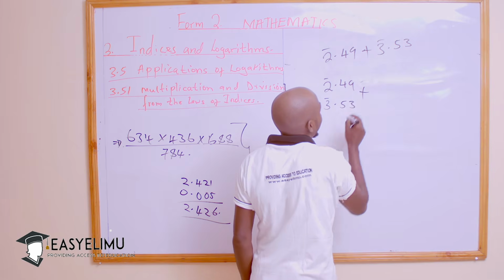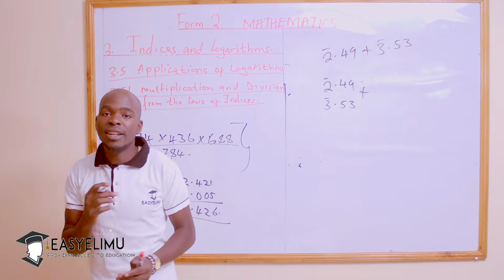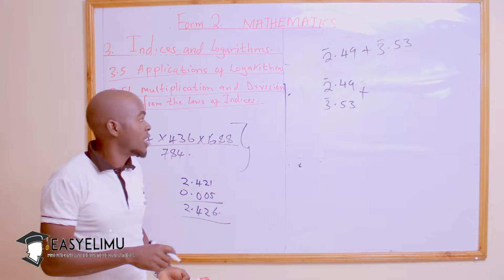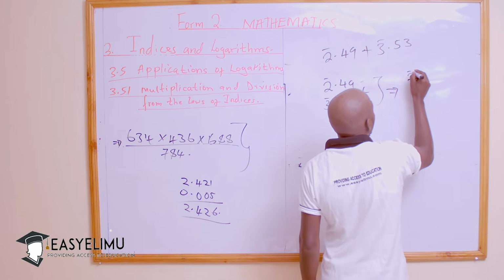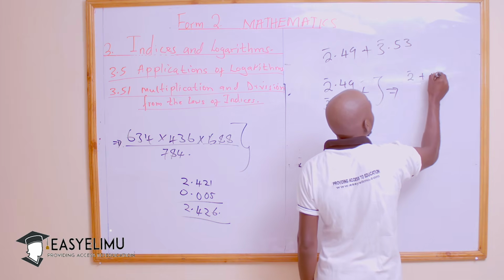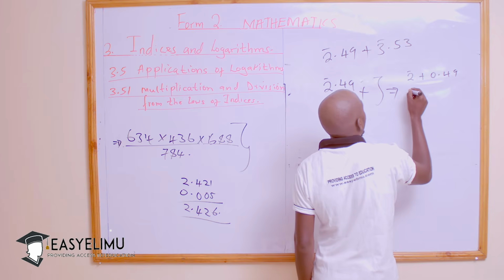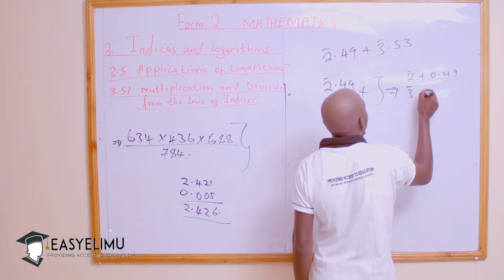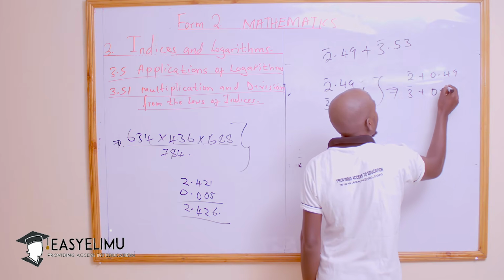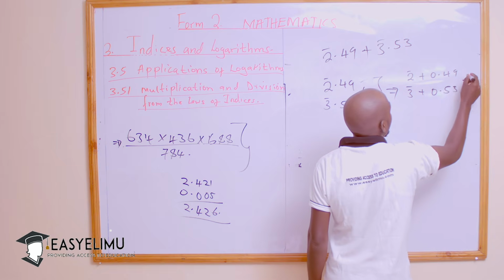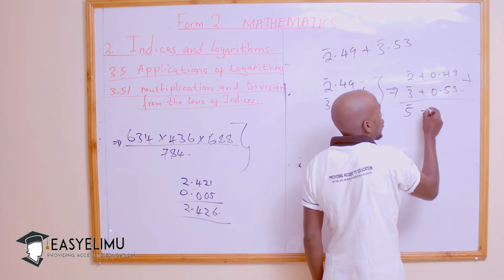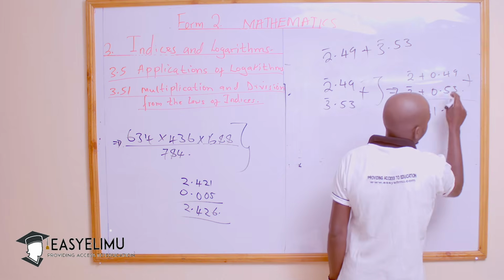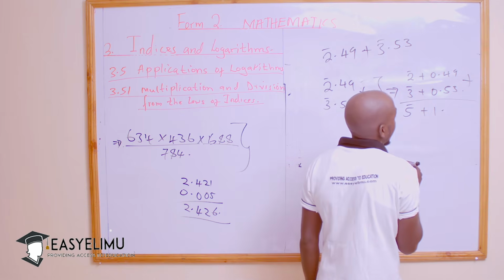But what I suggest is you separate the characteristic part from the mantissa part, such that you will now have bar 2 plus 0.49 plus bar 3 plus 0.53, then you add together, and on addition you will find here you will have bar 5 plus 1 point.